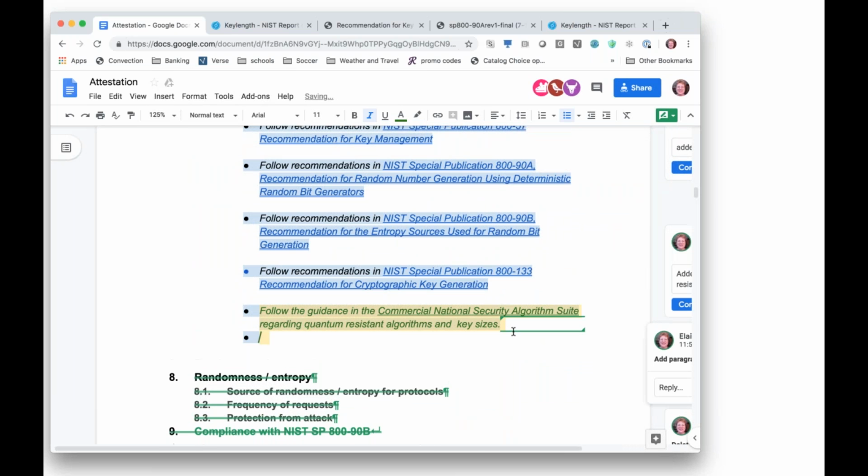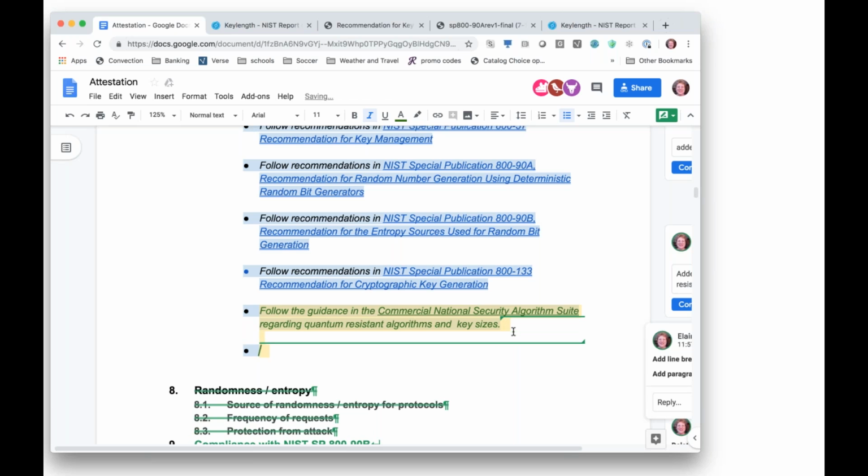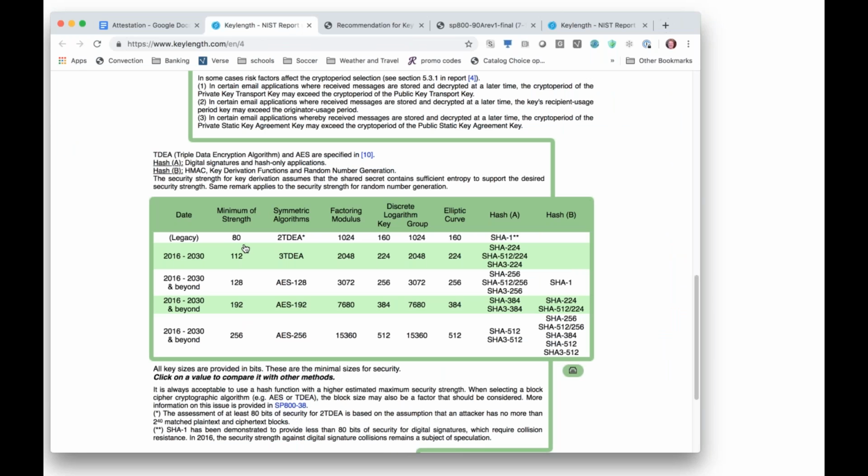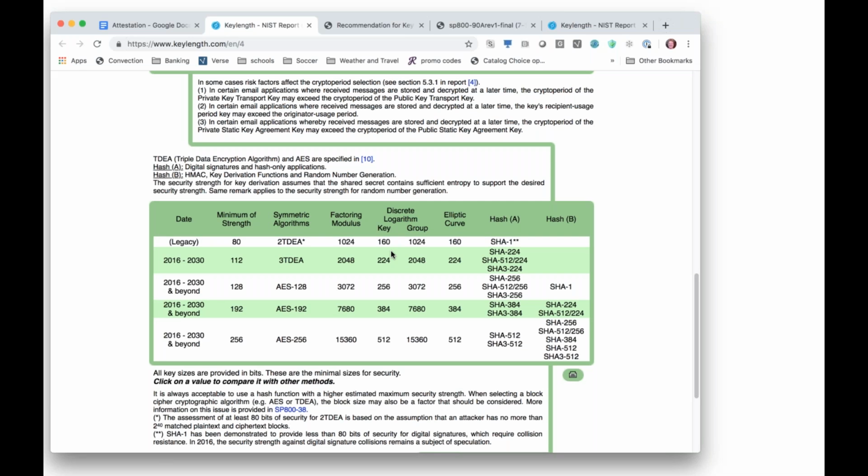But what do we say? Provide a statement of minimum key strength, and what else do we need to know? Well, they do have crypto periods, there's crypto period in here.